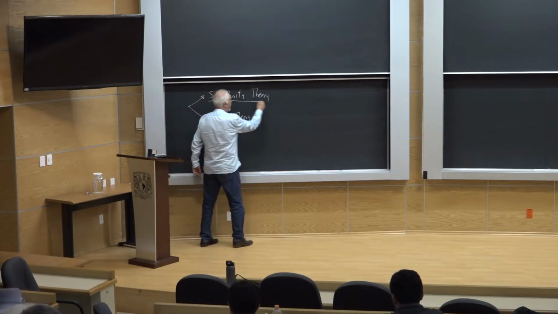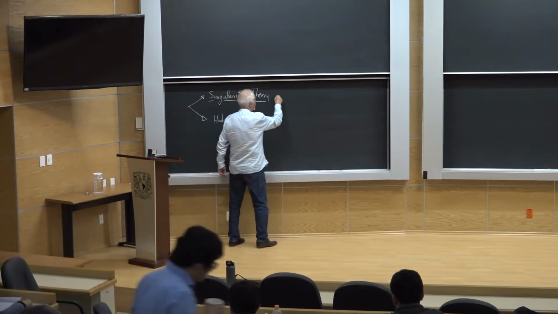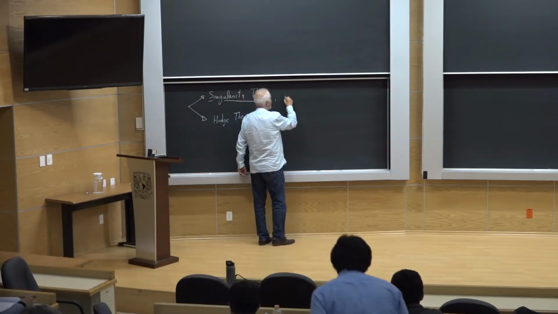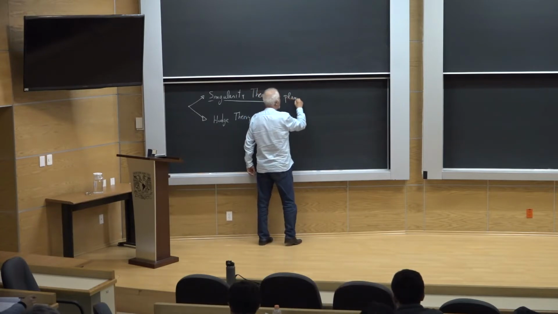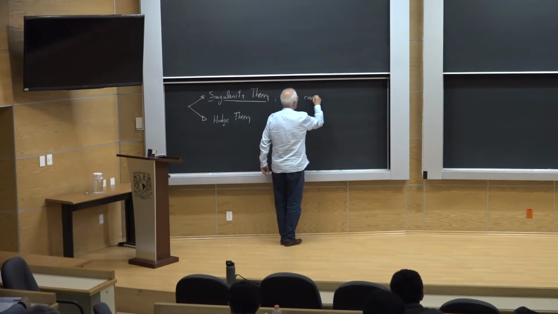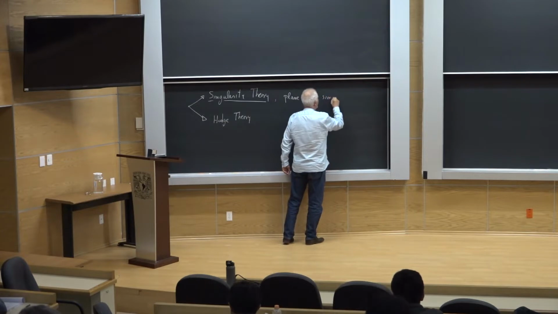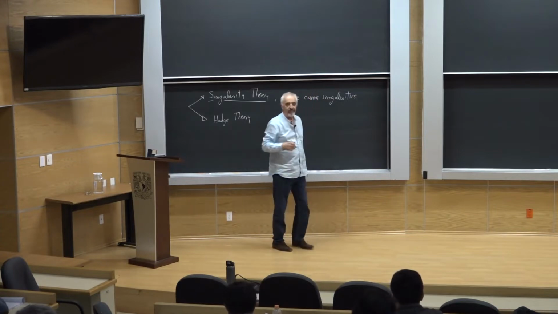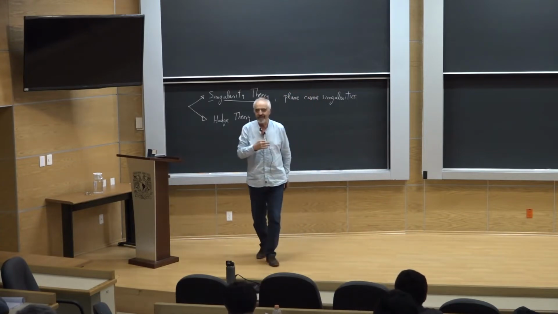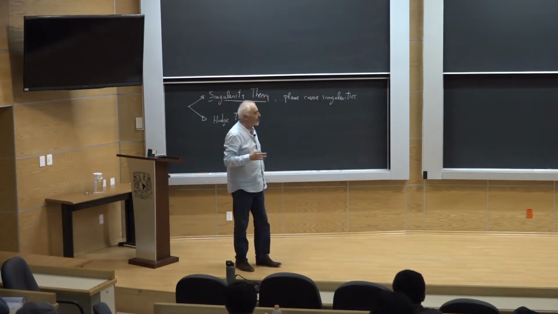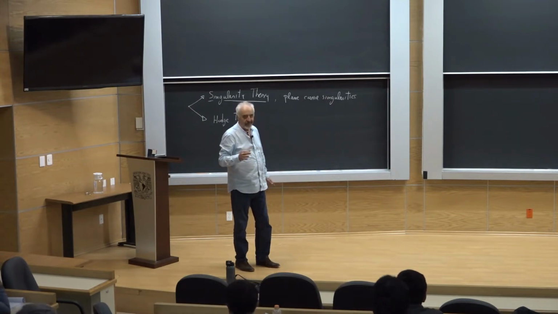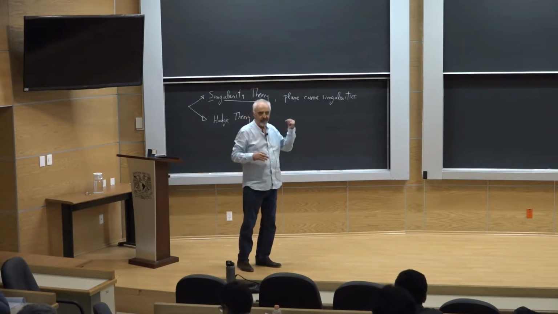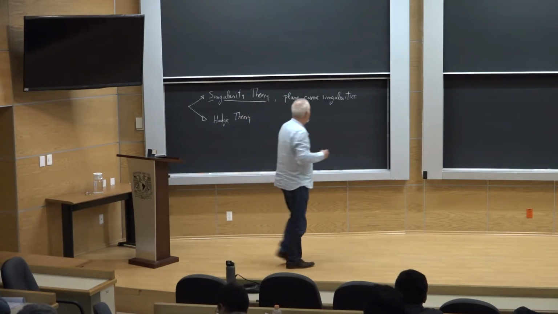And in the case of singularity theory, I'm going to concentrate on the case of plane curve singularities. As you will see, as the thing proceeds, many of the things I will say are actually true in a more general context. But in order to be very concrete and down to earth, I'm going to do it for the case of plane curve singularity.